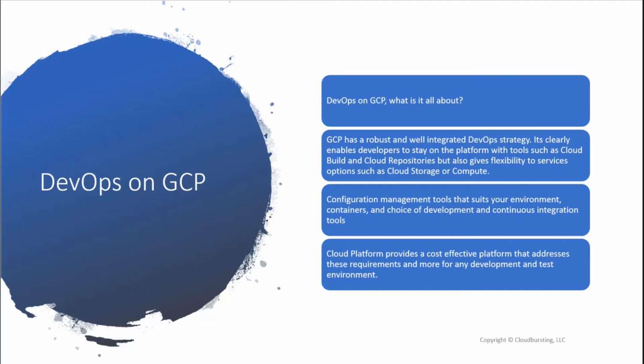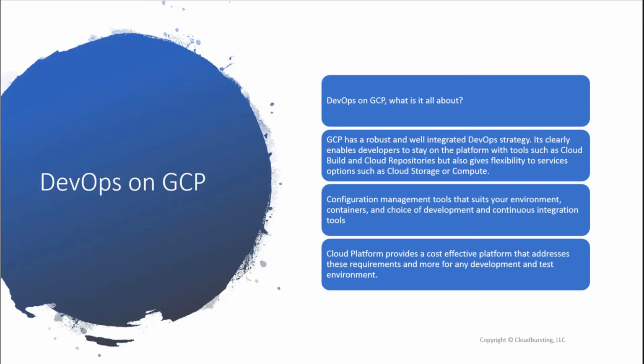It clearly enables developers to stay on the platform with tools such as Cloud Build, Cloud Repositories, and also other services that are sort of complementary, such as Cloud Storage or compute services, for example, Kubernetes Engine or App Engine. When it comes to config management tools, we have lots of choices as well.